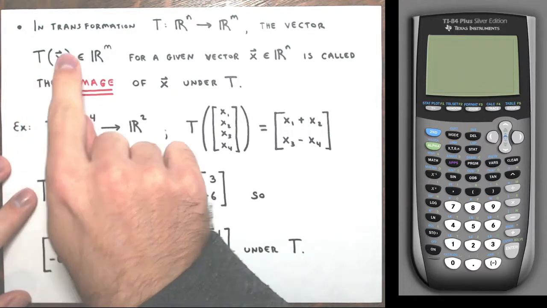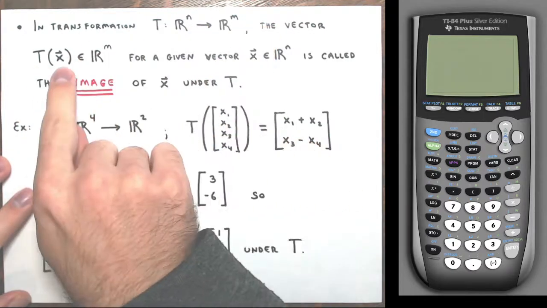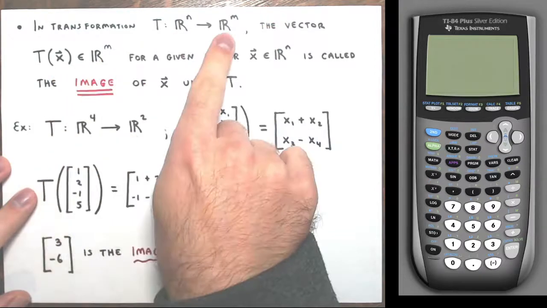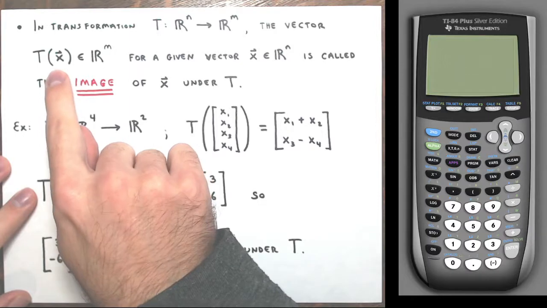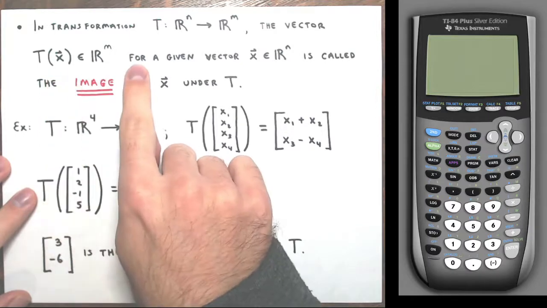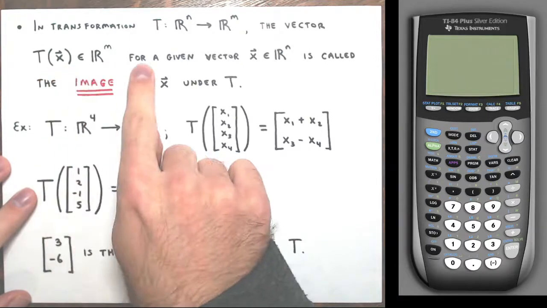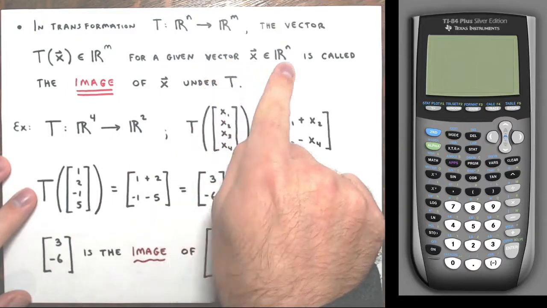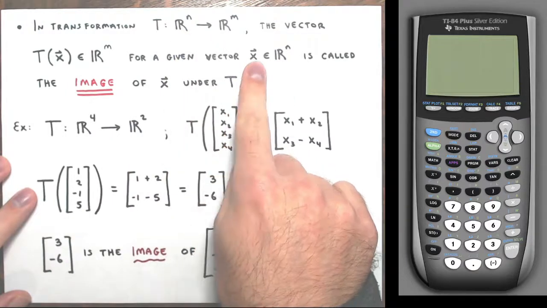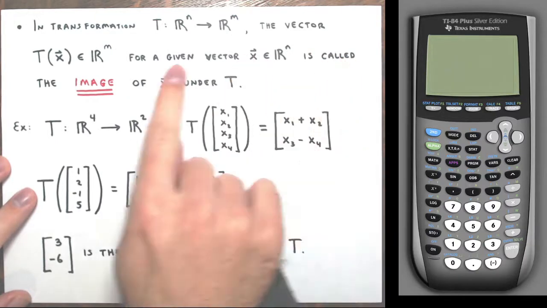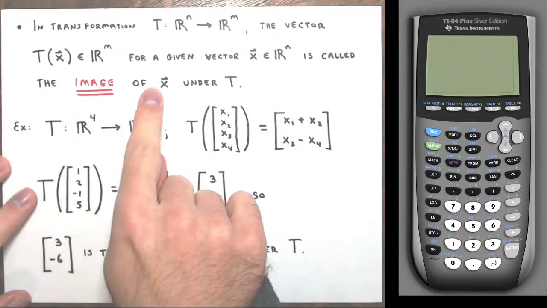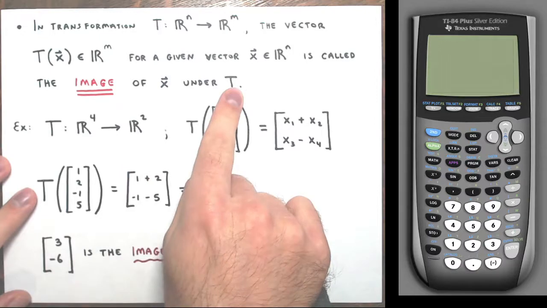So the vector T of x, which is in Rm, in the codomain, is one of the possible outputs. The vector T of x, for a given vector x from the domain Rn, is called the image of x under T.